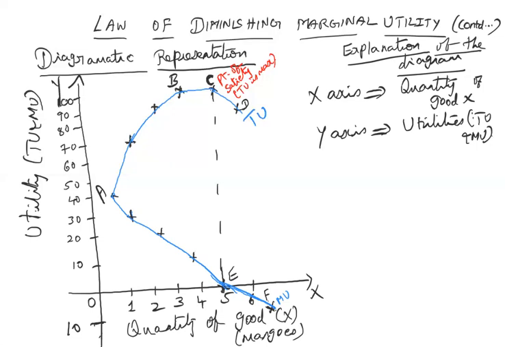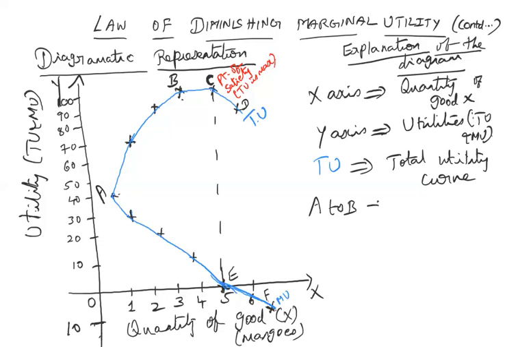Now this TU, whatever I mentioned here, is the total utility curve. How the curve is rising, at which point it is reaching the maximum and at which point it starts declining has to be explained. As per this diagram, which is according to the table, when you take A to B, what is happening?